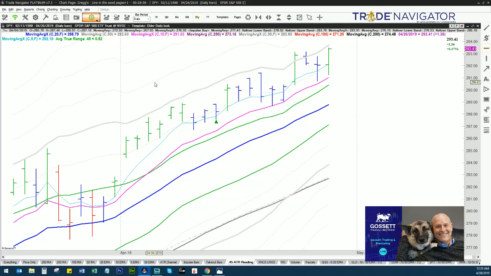So when I scale out, I use a 0.45 ATR. The reason I use 0.45 is if you go from this ATR to this ATR, that's one ATR. If you go halfway of the ATR, there is going to be some mathematical resistance at that halfway before it gets to the other halfway.